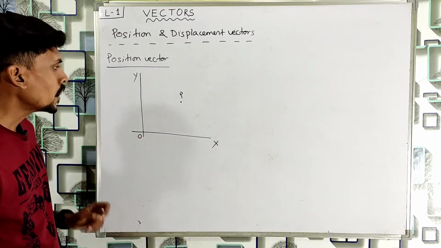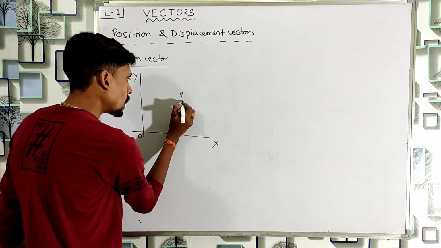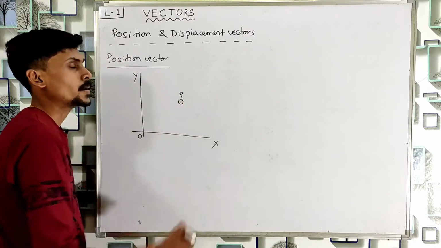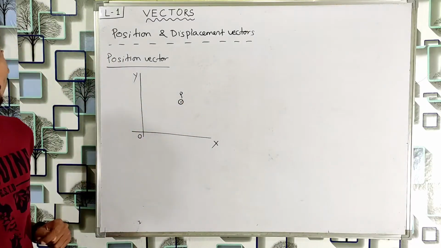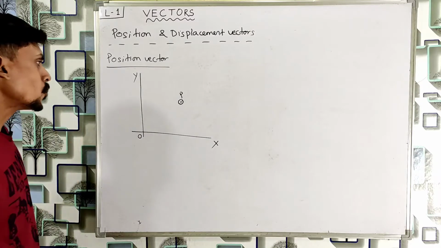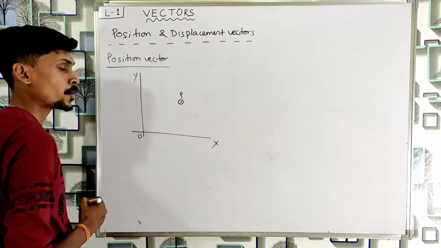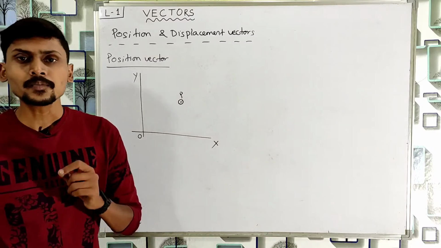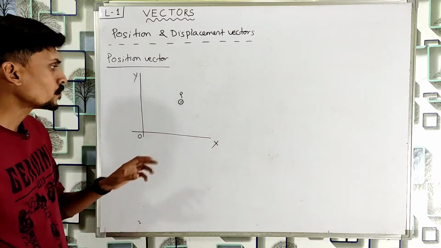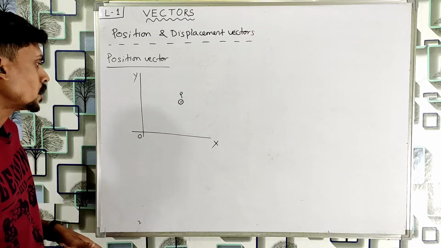Now we will determine the particular position of this point with respect to this origin, and for that we have to join this point with the origin. We will draw a line that will join the point P with the origin.